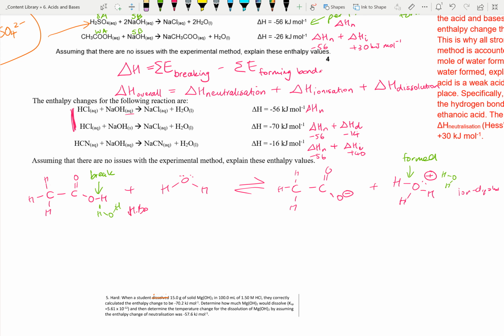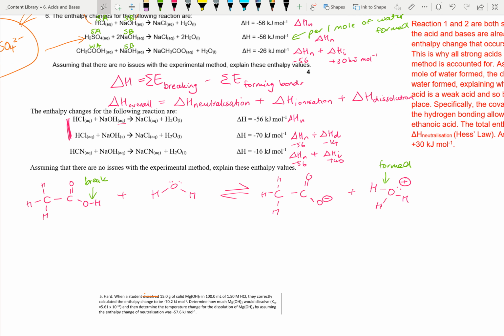Okay, and so there's more to it. But if all I can get into your head is that there's bonds breaking and bonds forming, and so there's another enthalpy change, and then remind you of Hess's law, which says basically you can treat them all as separate entities, and then if you know about one, you can deduce the other if you know the overall, right? Like kind of how maths always works. If you know two of the three variables, you get the third variable.